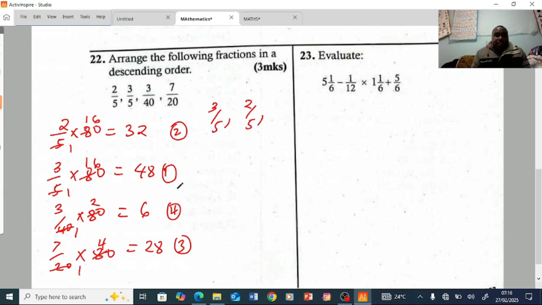The third one is 7 over 20. And lastly, the smallest is 3 over 40. So now you have arranged them in descending order, from big to small.